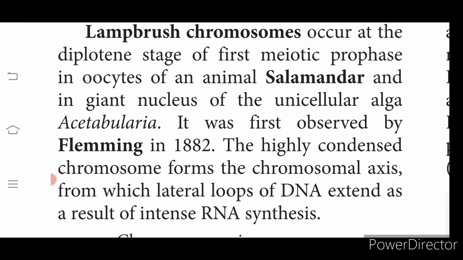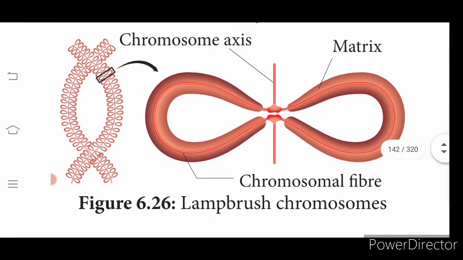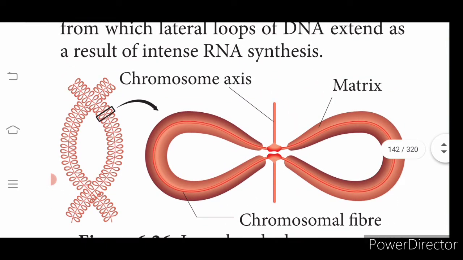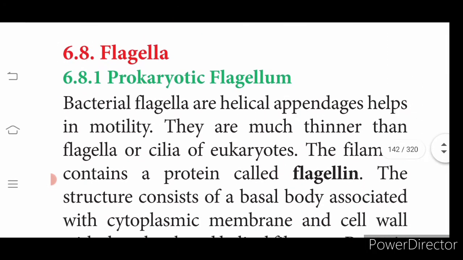It was first observed by Fleming in 1882. The highly condensed chromosome forms the chromosomal axis from which lateral loops of DNA extend as a result of intense RNA synthesis. You can see the loops are present in the Lampbrush chromosome. Bands are present in the Polytene chromosome. Loops are present in the Lampbrush chromosome.